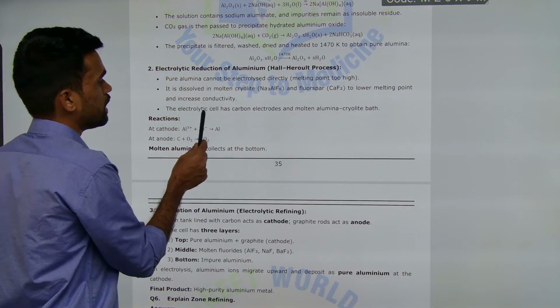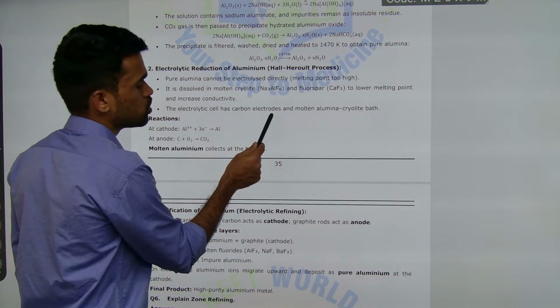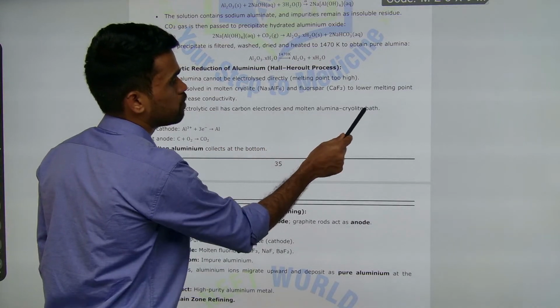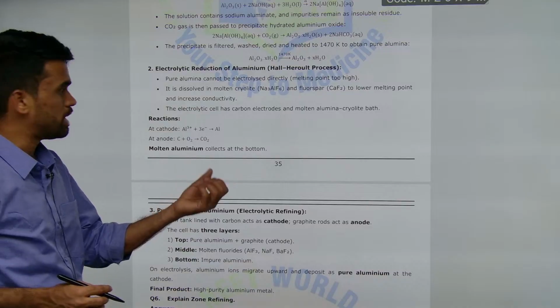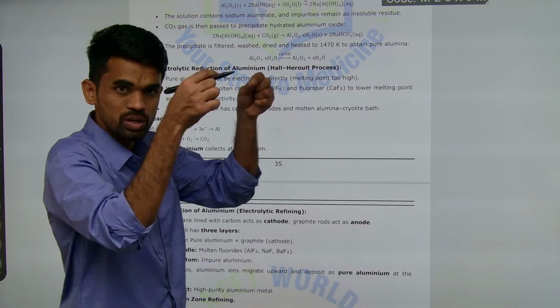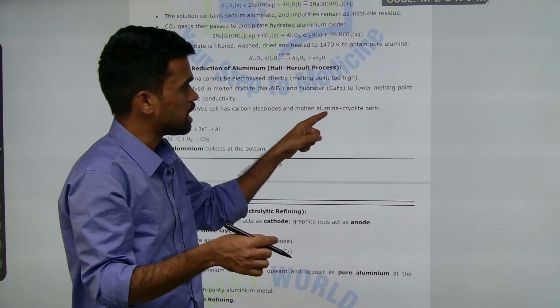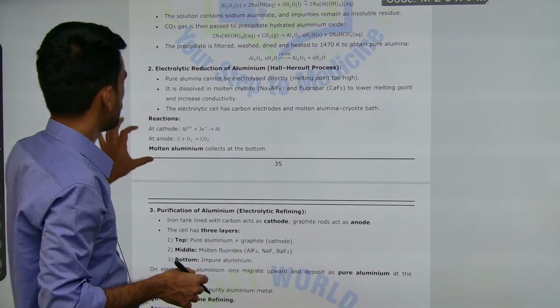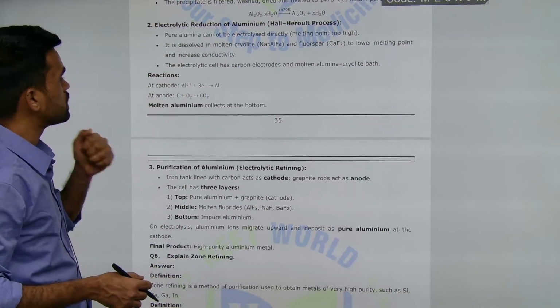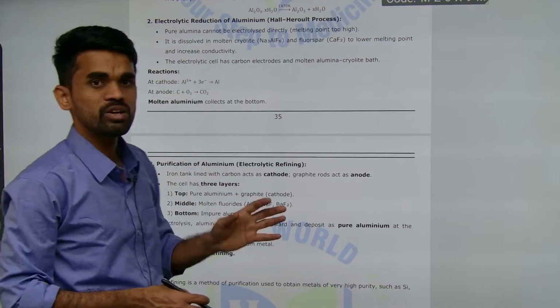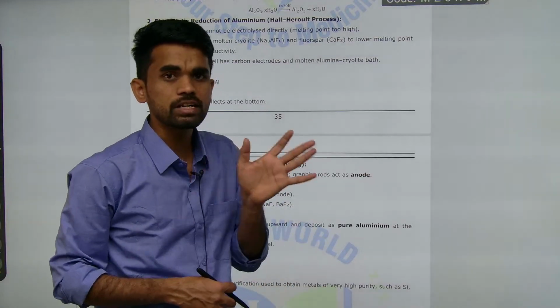The electrolytic cell has carbon electrodes and a molten alumina-cryolite bath. Now the reactions: at the cathode reduction takes place.